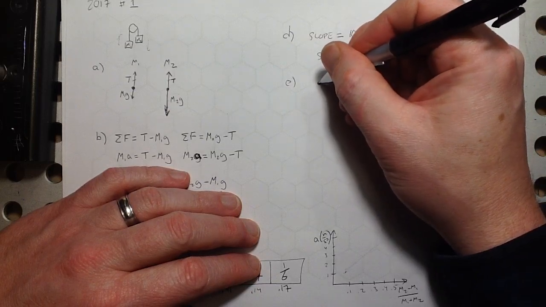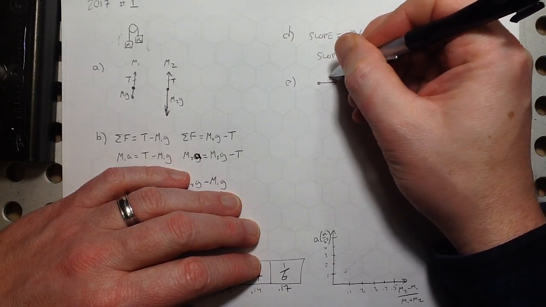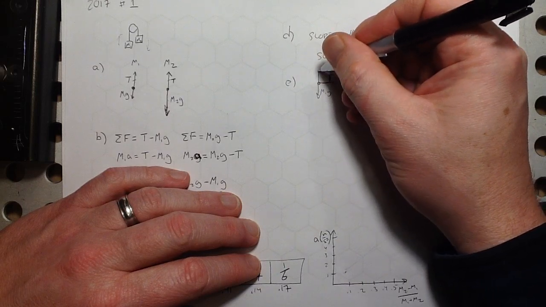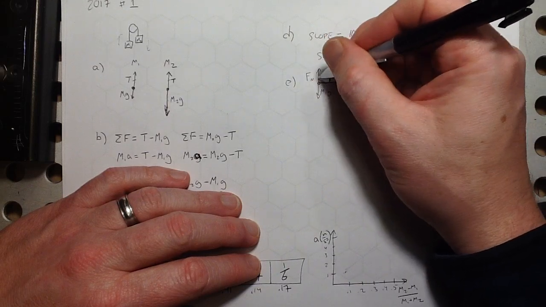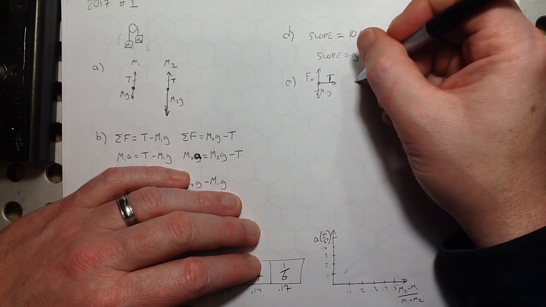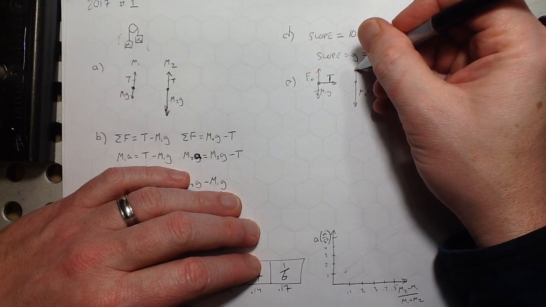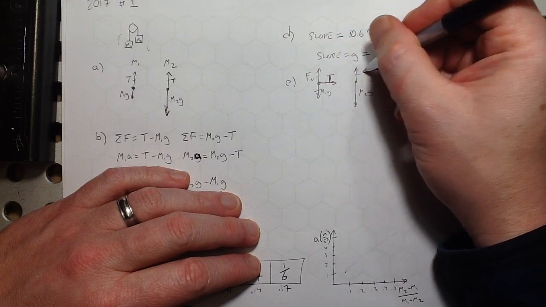We have tension on this one. Of course, there's still M1G and the normal force. Those cancel out, and then M2G and tension here.